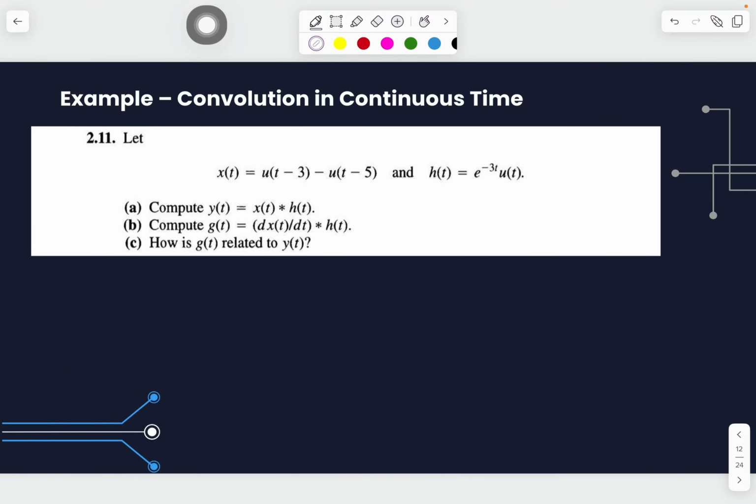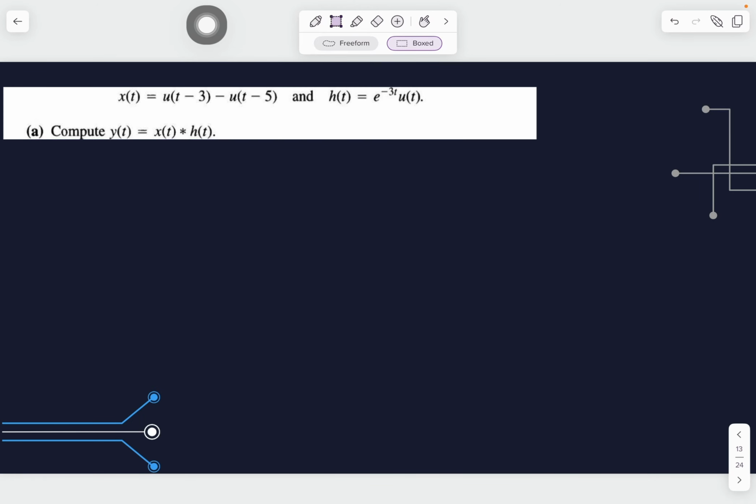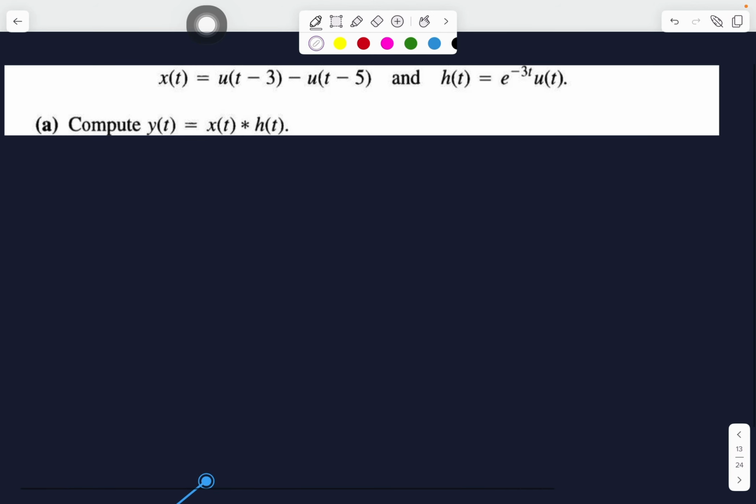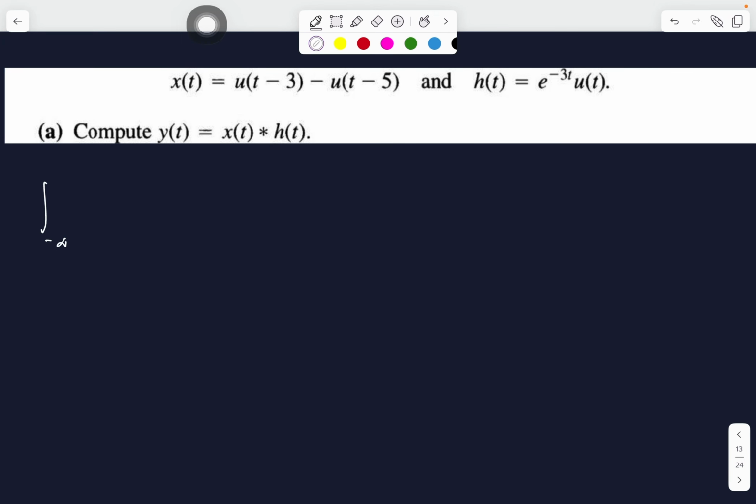And let's do an example in continuous time. So compute y(t) is equal to x(t) convolved with h(t). Again, we use the convolution integral, minus infinity to infinity, x of tau h of t minus tau d tau. So let's substitute first, then we can see what we can do about the limits.